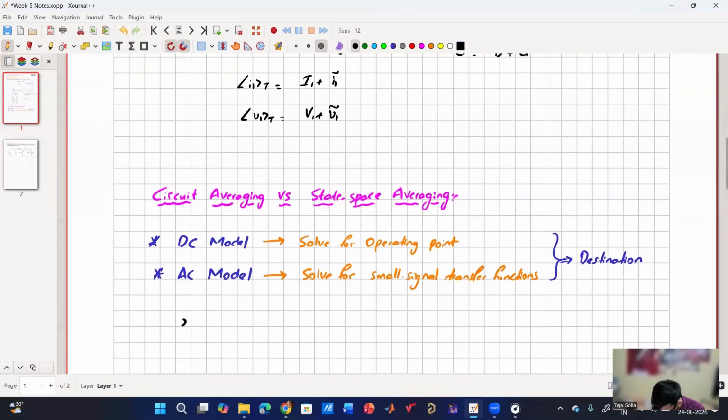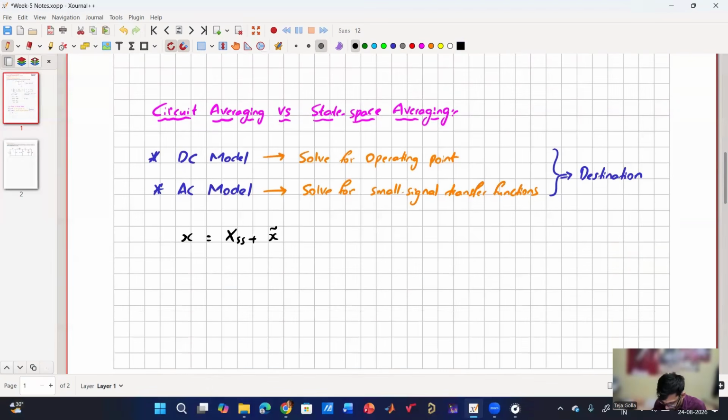So any variable x, we are considering x steady state plus x tilde. So x averaged over a cycle T is my DC value at steady state, plus the small signal AC perturbation or AC excitation.